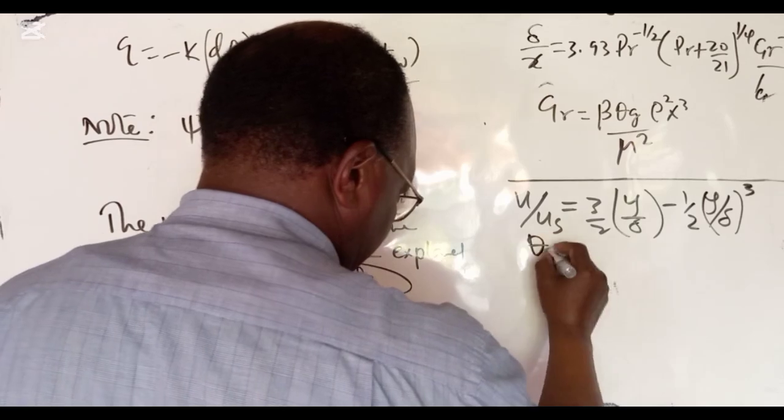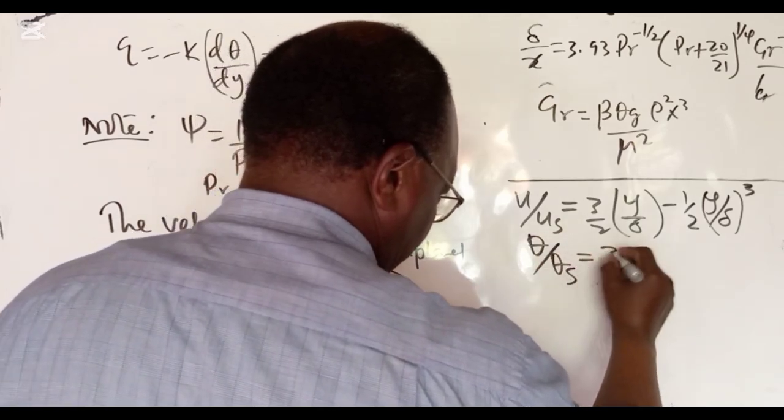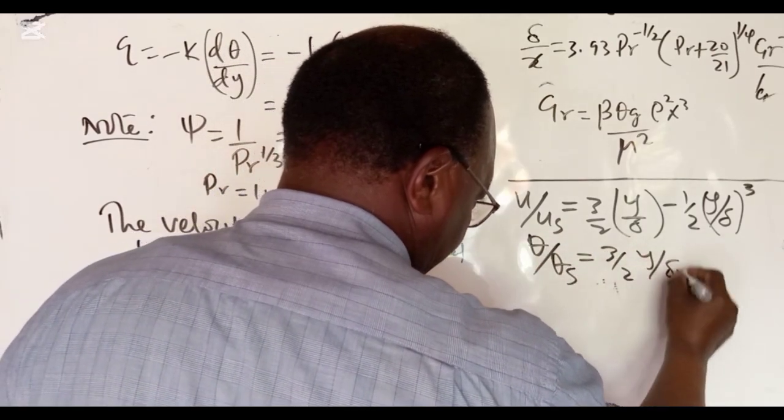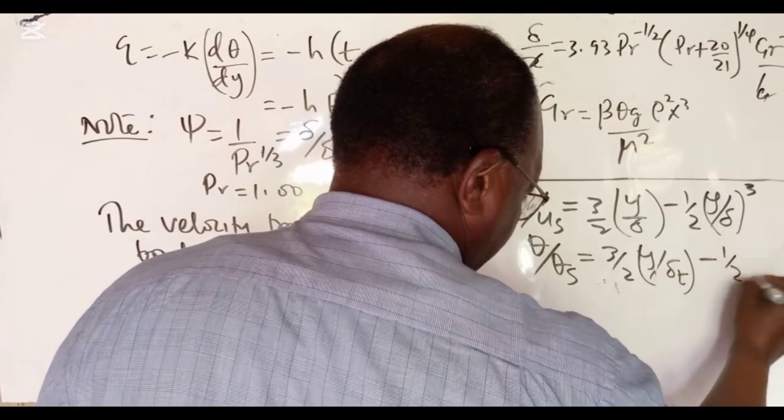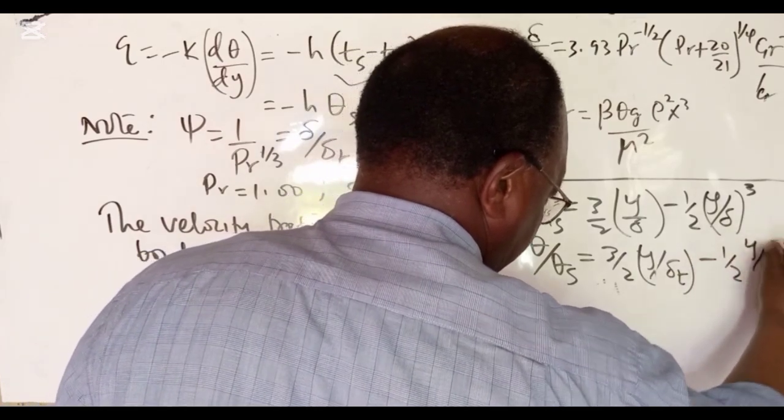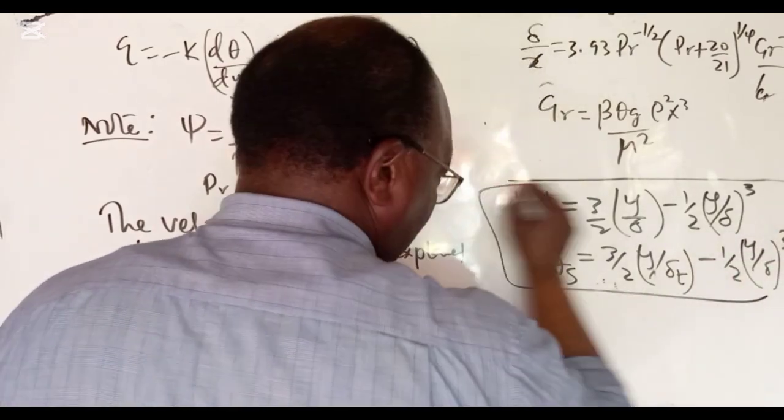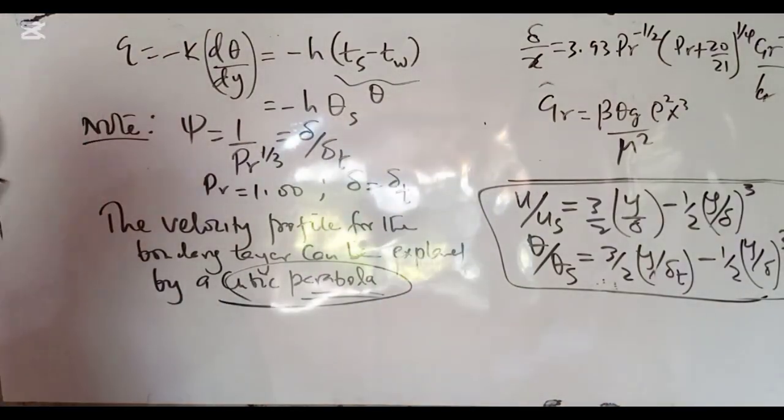And we had also seen that for temperature, it is 3 over 2 y over sigma t minus a half y over sigma t cubed. So these are solutions which you are able to tell.